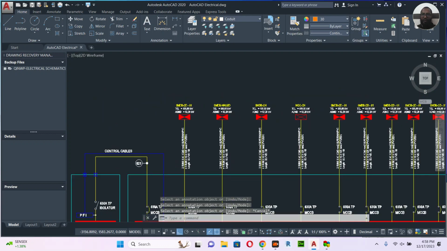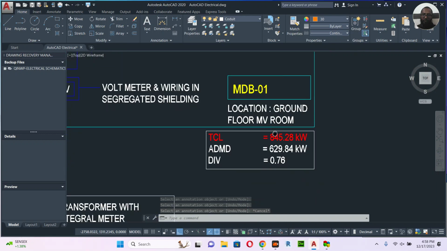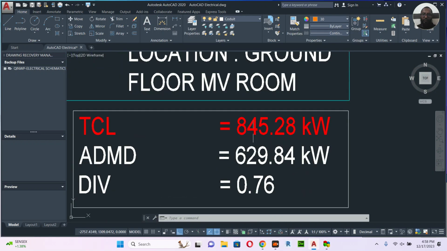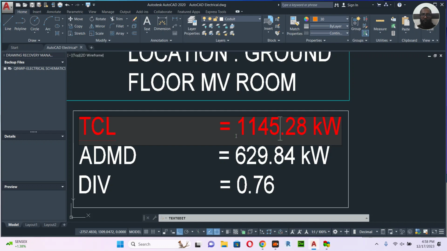So let's add another 300 kilowatts here. So how much will come? 1145 kilowatts.